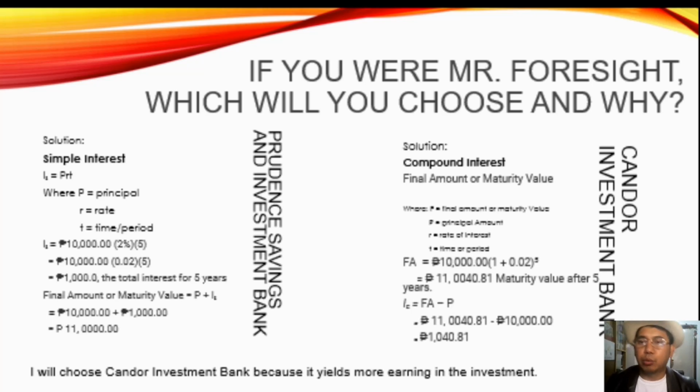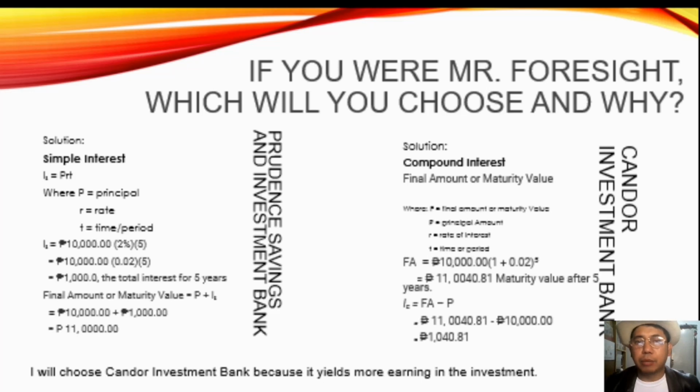Now, what about the working equation for the compound interest? The working equation for the compound interest is equivalent to the difference of final amount minus the principal. Now, what about the final amount of the compound interest?